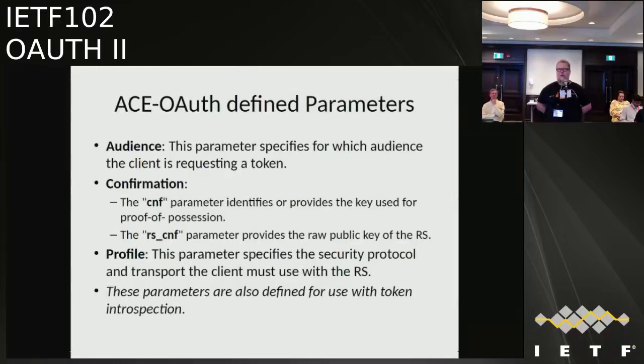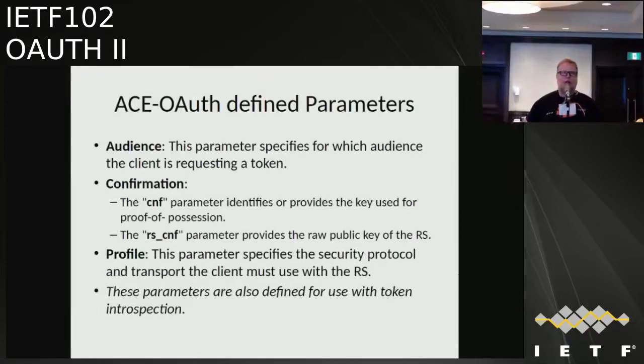The other thing, Brian and I put out a draft on resource, which replaced audience. We discovered that in practice, audience (aud) as a parameter to the token endpoint is really, really problematic. So yes, we need the parameter. It's just, don't call it audience.